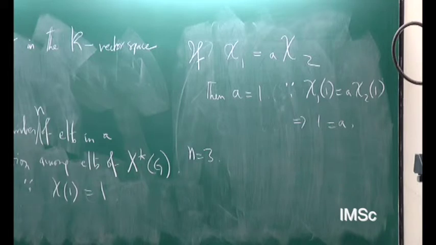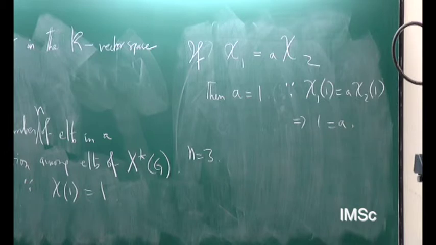Again, you can assume that they are all non-zero. You have a non-trivial linear combination a1 chi 1 plus a2 chi 2 plus a3 chi 3 equals 0. If one of them is 0, then you are done, because it is a non-trivial relation among a smaller number of elements. So you can assume that all of them are non-zero.